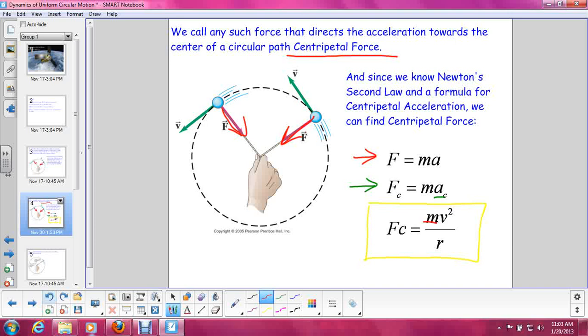But as the radius gets smaller, as it gets close to your hand, the force either needs to get greater or the velocity needs to change. So if the force that you are applying on those keys stays the same and the radius gets smaller, you probably all noticed that your keys start speeding up and they move faster around your finger the closer they get. And that is because of this equation right here.